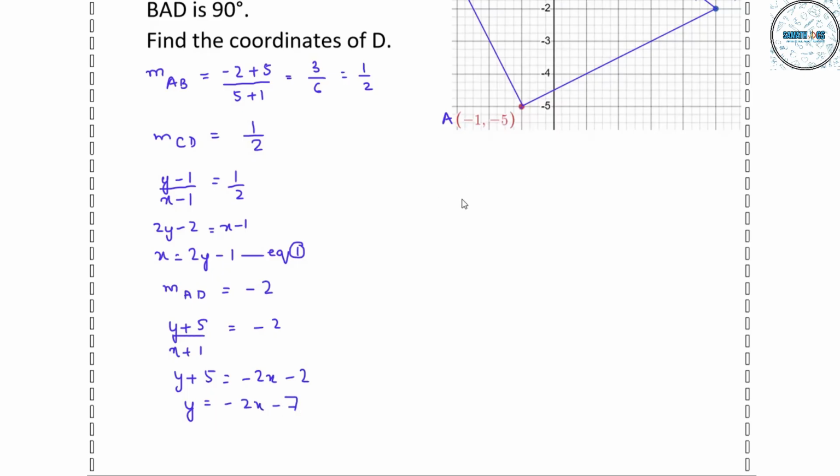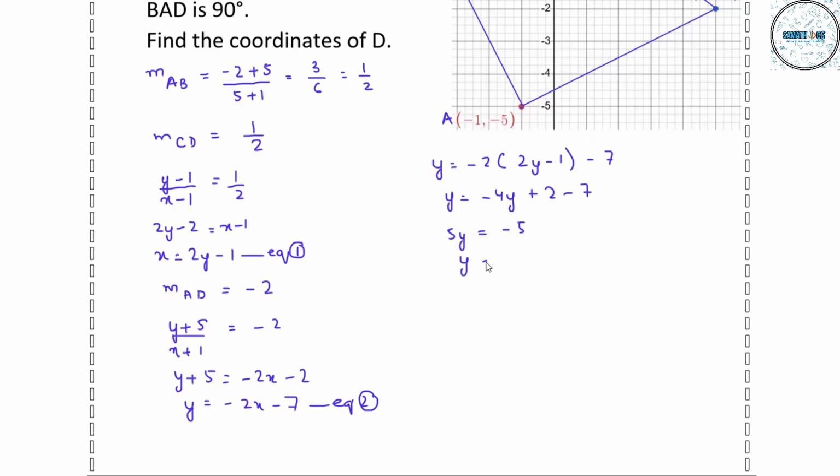Now we will substitute x from equation 1 into equation 2. So y is equal to minus 2 into 2y minus 1 minus 7. So y is equal to minus 4y plus 2 minus 7. So when we take minus 4y on this side, it will become 5y is equal to minus 5.